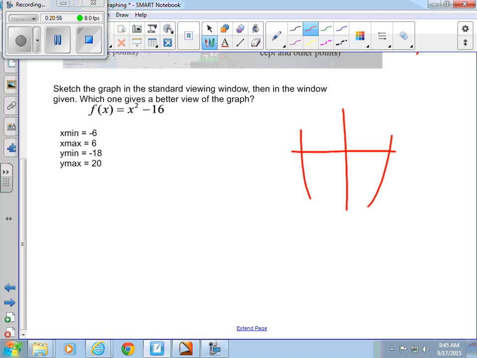So now let's go to your window. Push the window button, change the x-min to -6 and the x-max to 6, the y-min to -18 and the y-max to 20. Don't change your scales, just change the min and max. You could change your scale, but not for this.